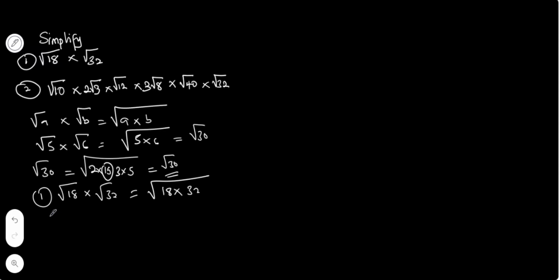So that means root 18 is the same thing as 2 times 9, while 9 is the same thing as 3 times 3.